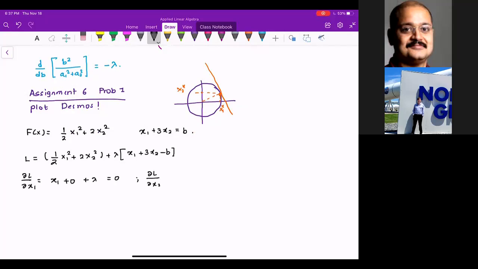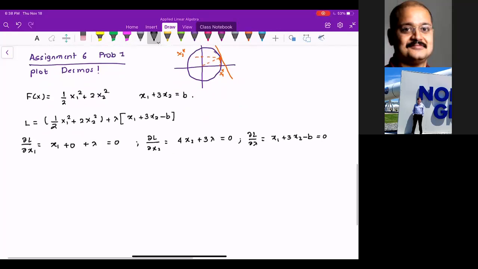Partial x2 is equal to 4 x2 plus 3 lambda is equal to 0. Partial L by partial lambda is equal to x1 plus 3 x2 minus b is equal to 0.